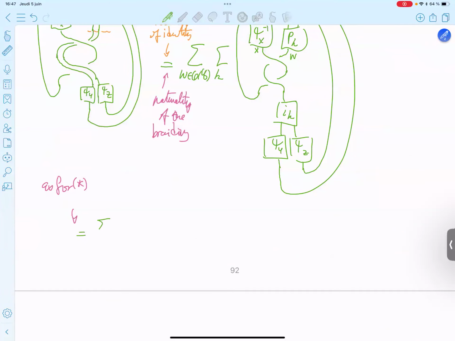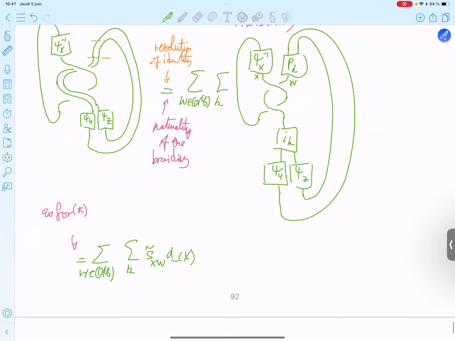So sum W simple, sum over k, and then we know the lambda, the constant is like that in this case, d minus x, and now you have the identity here.